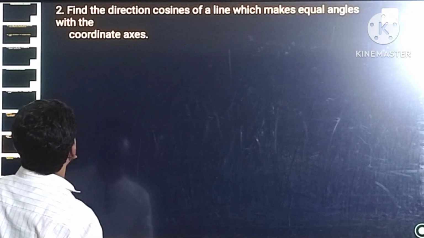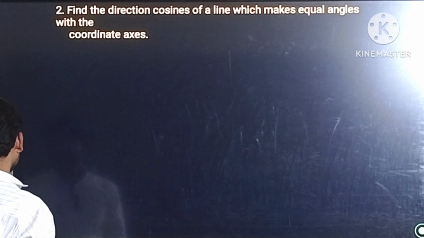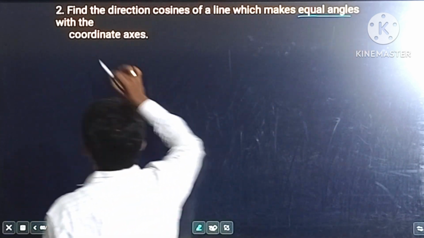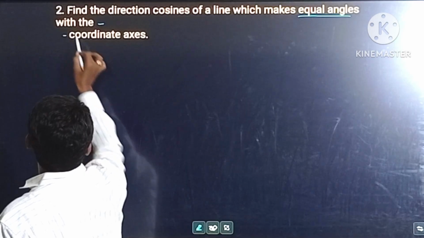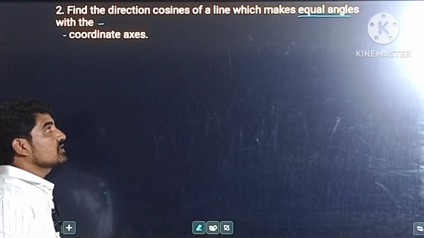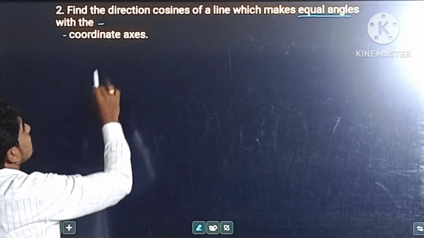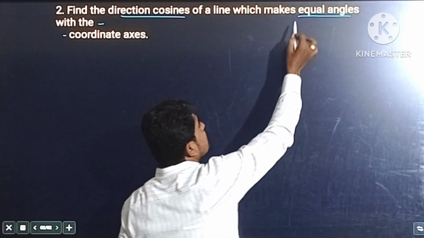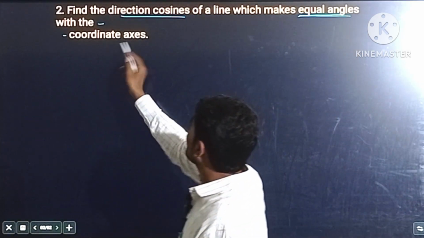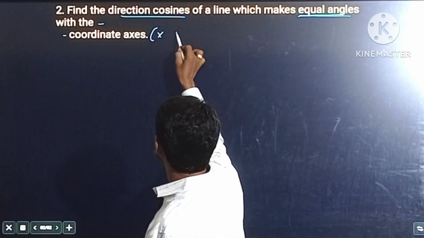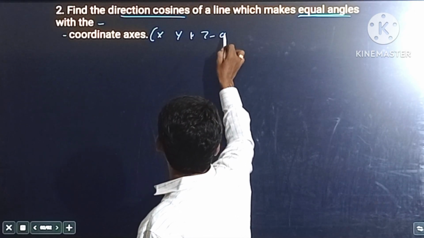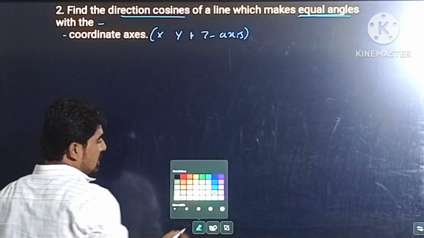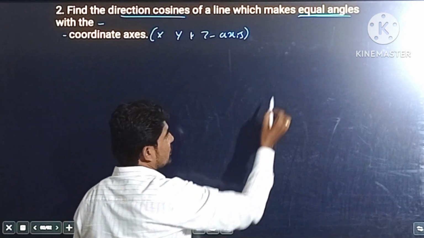The second question is: find the direction cosines of a line which makes equal angles with the coordinate axes. So here we need to find the direction cosines of the line which makes equal angles with the coordinate axes, meaning the x, y and z axes.